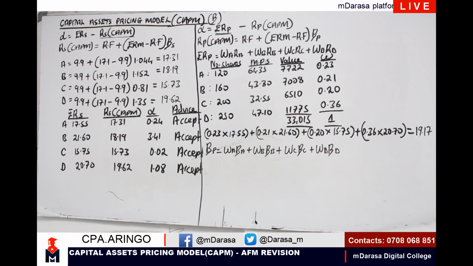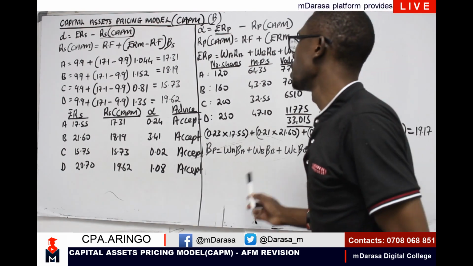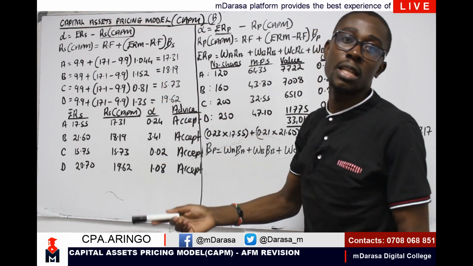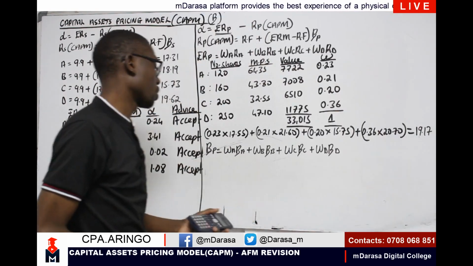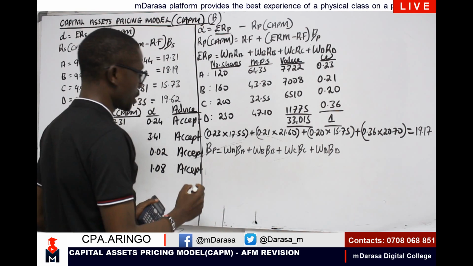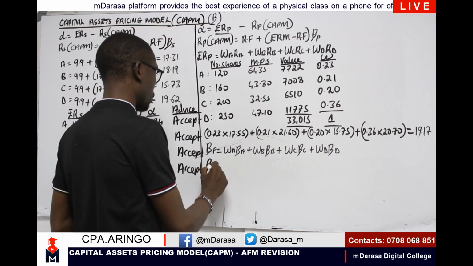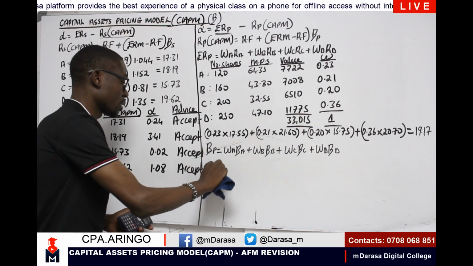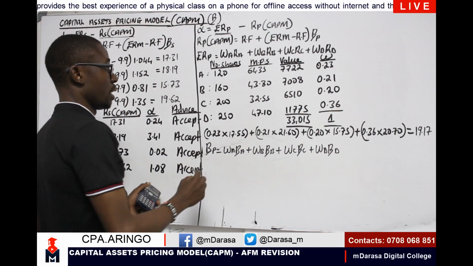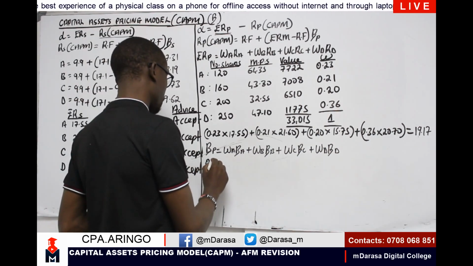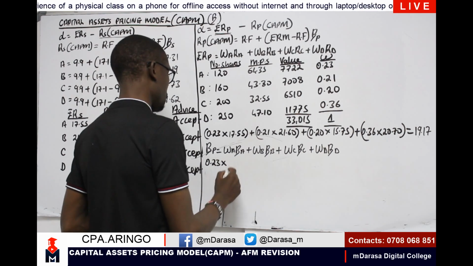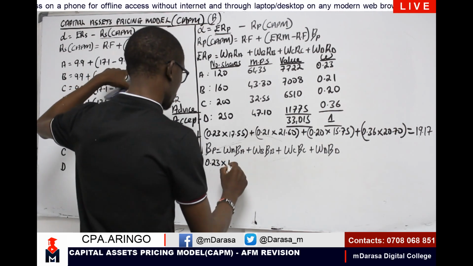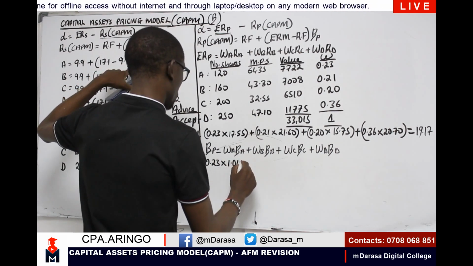Let us see. We have already determined our weights. And the beta factors, we had our beta factors here, which ideally are the same as were given in our question. So how will you work it out? Beta of our portfolio, in this case, I'd be having my weight of A, which is 0.23, times beta of A, which is 1.044.